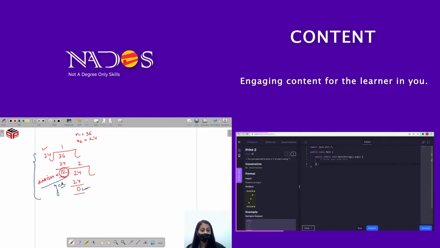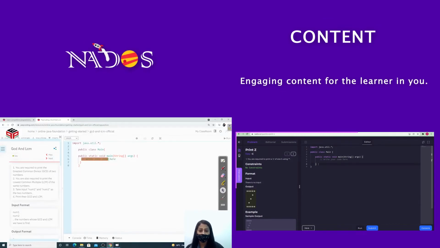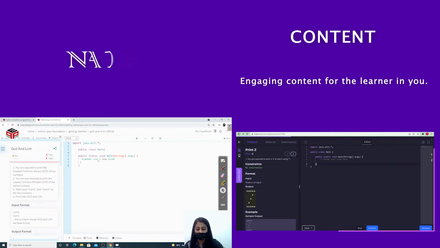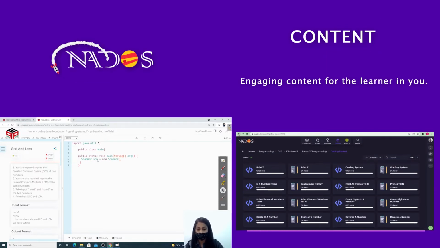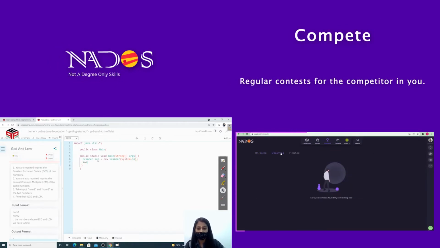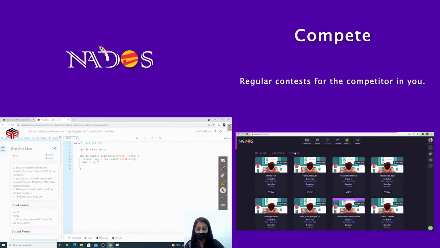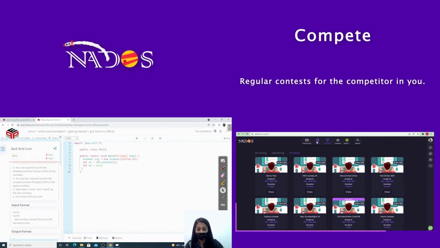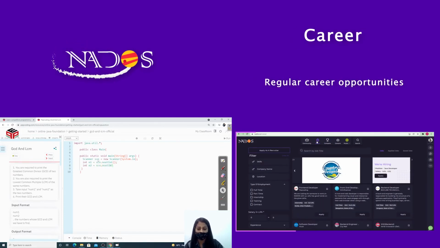right? So let's code this approach. We have to take the input from the user, two numbers. Let the first number be n1, and the second number be n2, right?